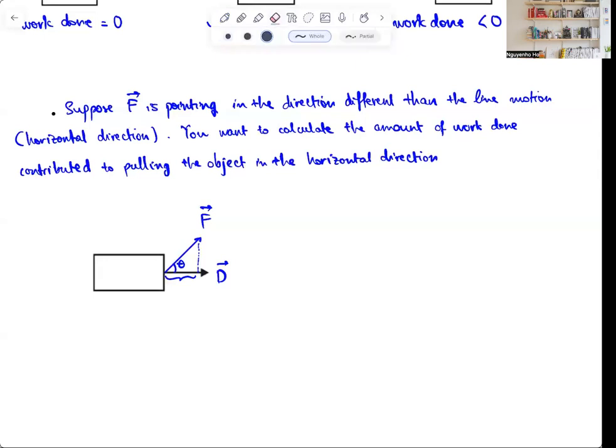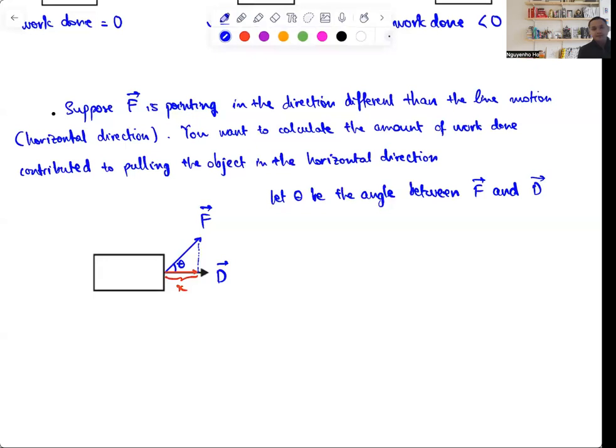Let me use another color here. So first let theta be the angle between F and D. What you want to know is how much the force contributes to moving the object along the horizontal direction.